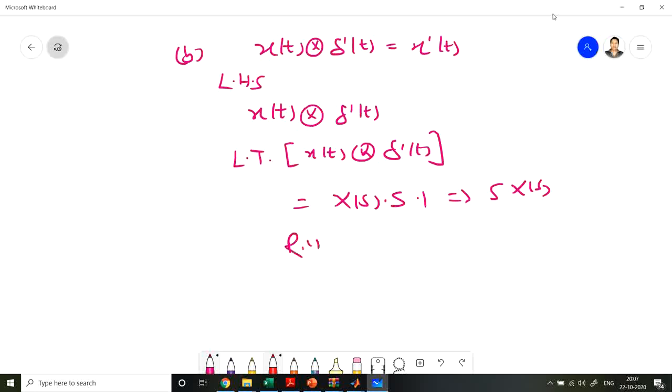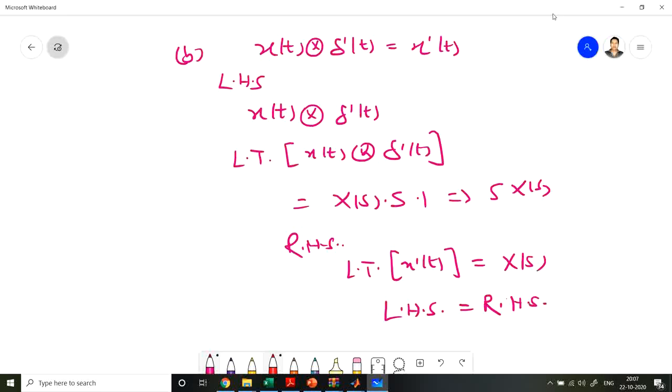Now if we see the right hand side, the Laplace transform of x dash t is nothing but s xs. So we can say that the left hand side is equal to the right hand side.